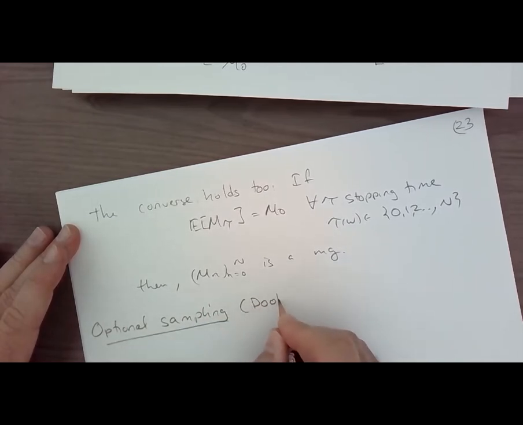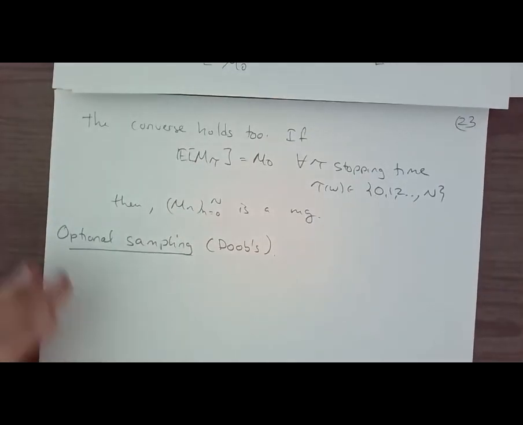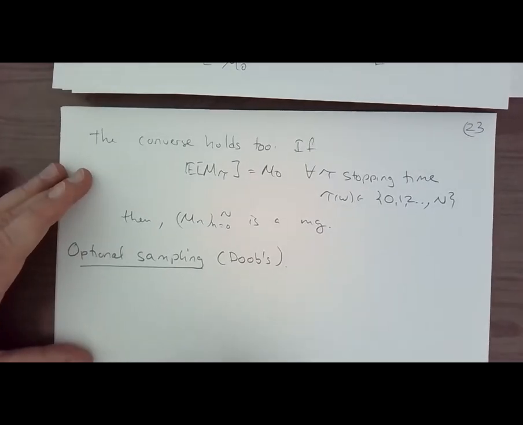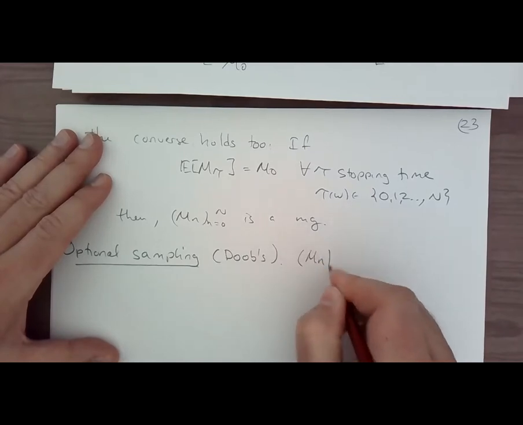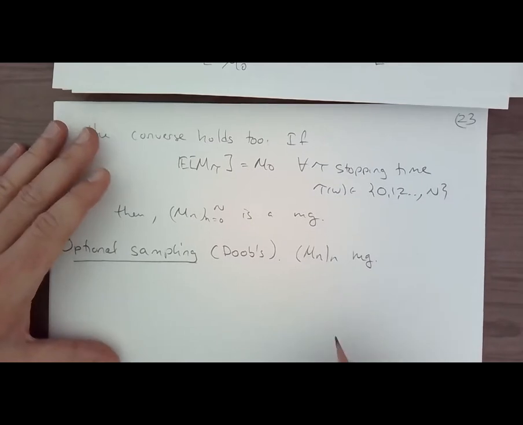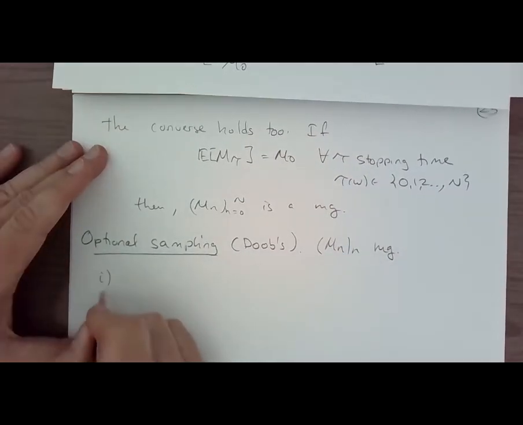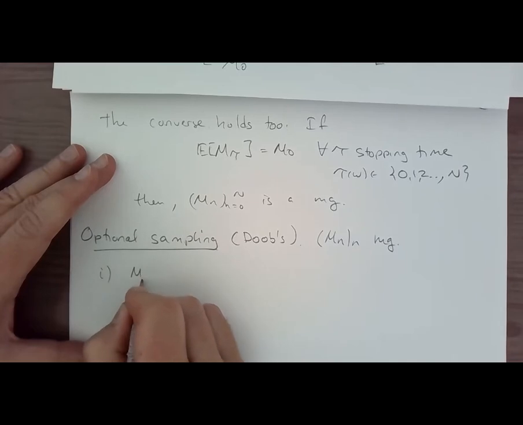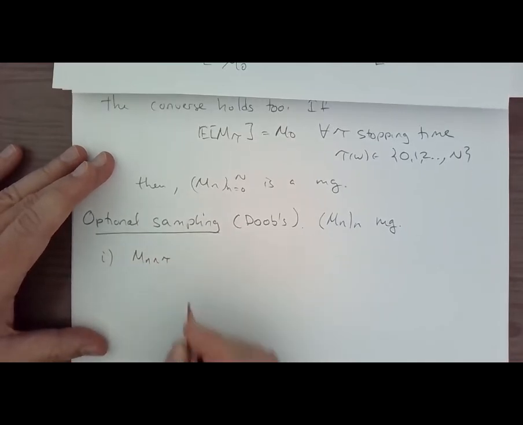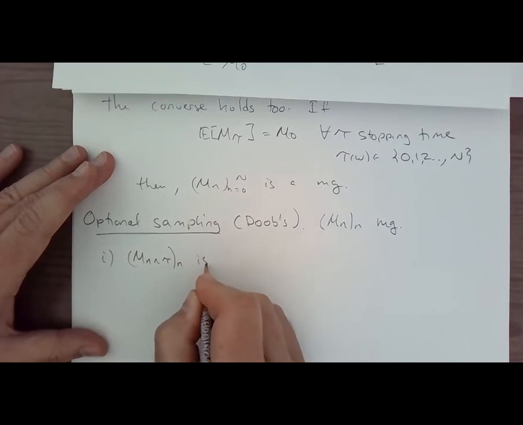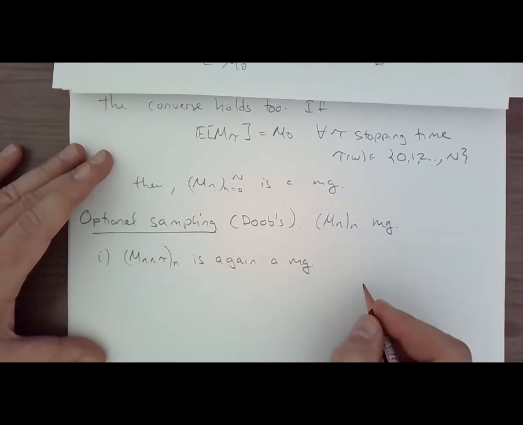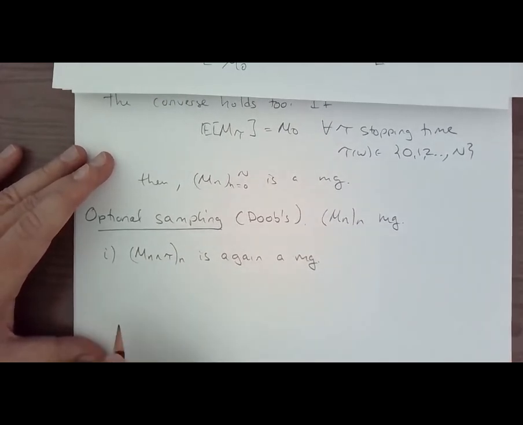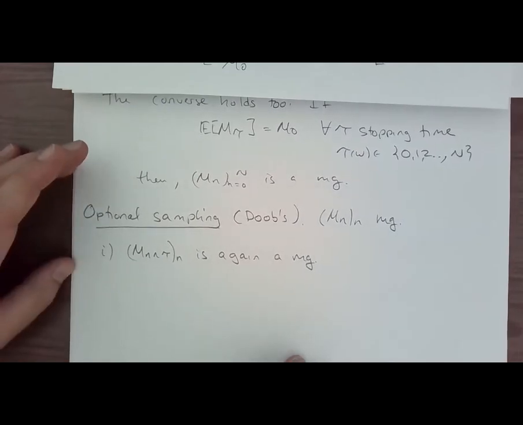Optional sampling takes a few different forms. If you have a martingale Mn, then one form it takes is that the stopped process is again a martingale. So that's one form it takes.